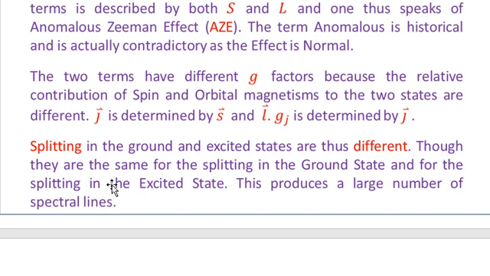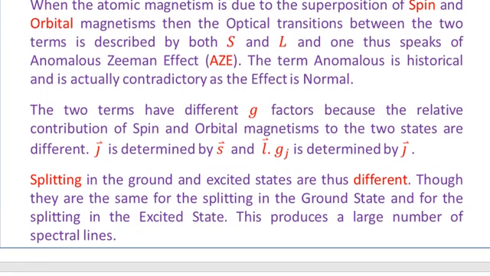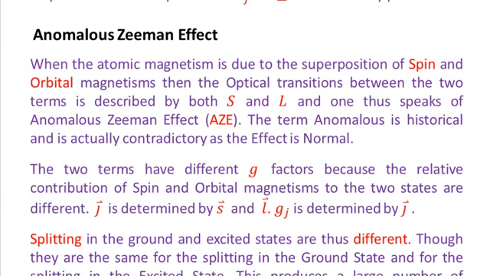Though they have the same splitting in the ground state and the same splitting in the excited state, this produces a large number of spectral lines. So you know that in the anomalous Zeeman effect we have more spectral lines in comparison with the ordinary Zeeman effect. That's why in the beginning it was called anomalous Zeeman effect, and I have given the reason for that.